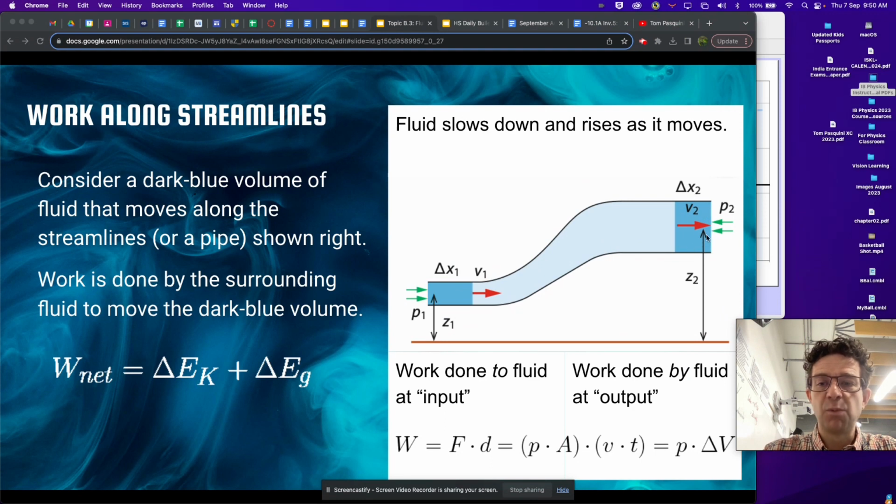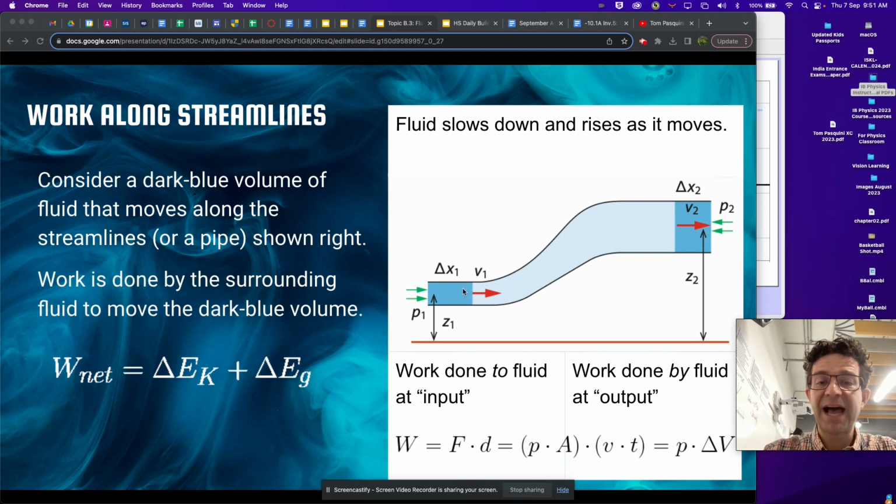The pipe is widening as you travel along it, so the length of this dark blue section is decreasing as it moves across because the cross-sectional area is going up, and the volume has to stay the same because it's incompressible.